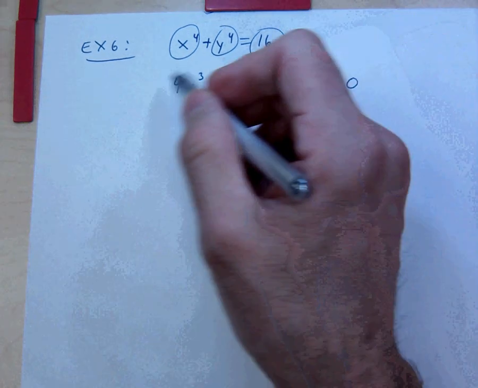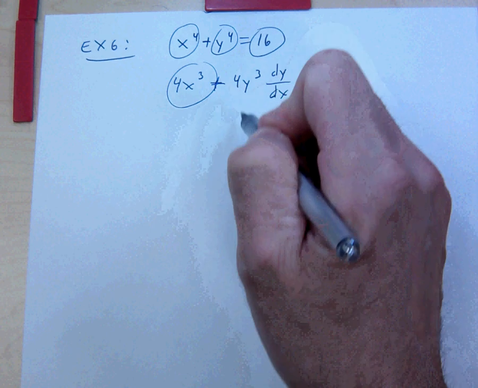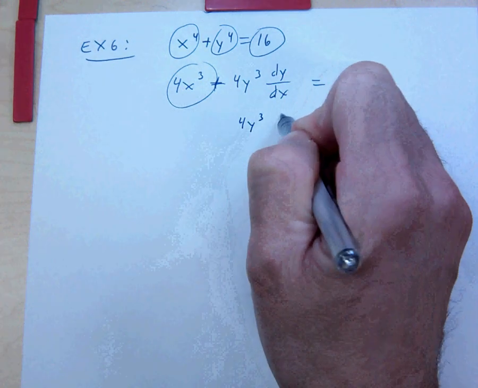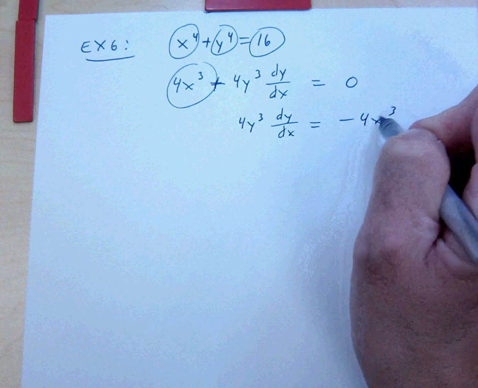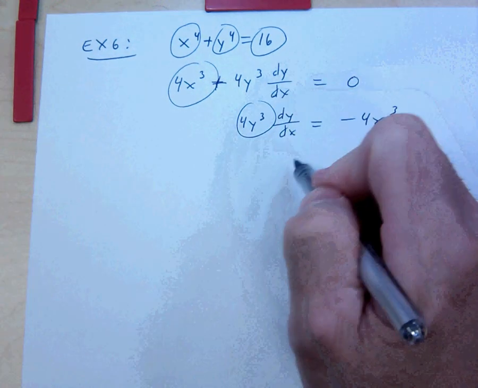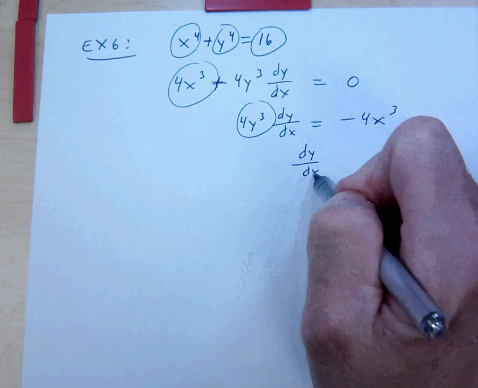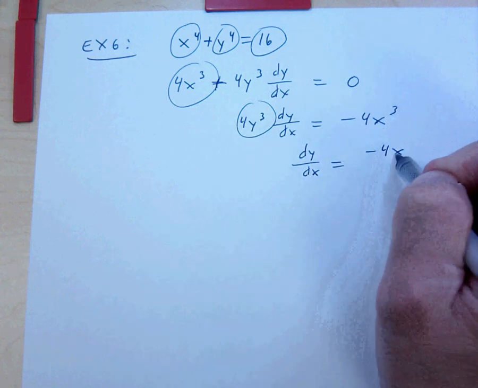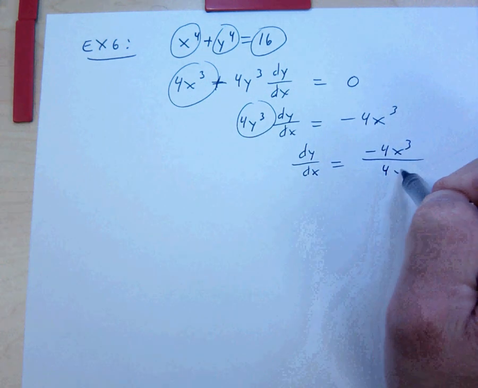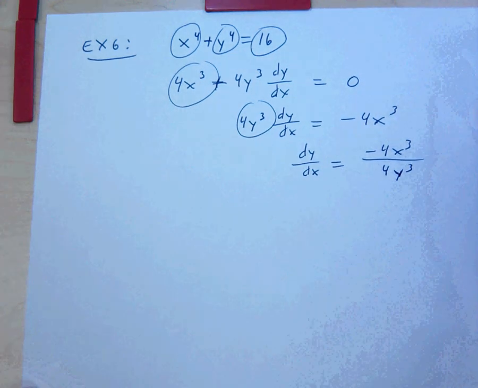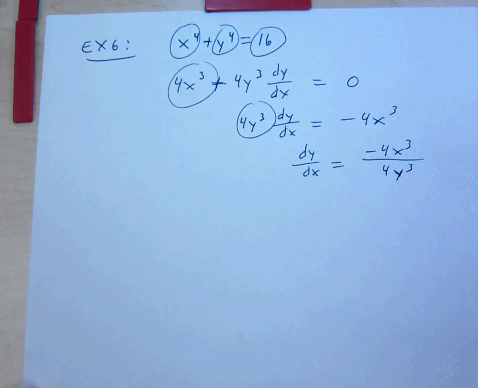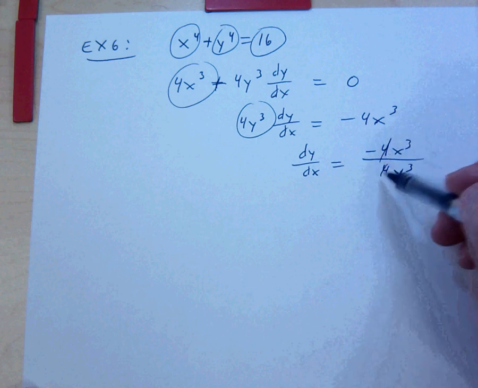I'm going to move that to the other side by subtracting it, and then divide both sides by that, right? Trust me, you want to always simplify the first derivative before you continue. So what can I simplify there? The 4s? Okay.